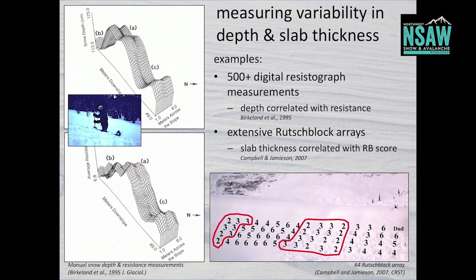And he found that the slab thickness, so the slab above the weak layer, was correlated with that rutschblock score. So some excellent early work detailing exactly some of the problems associated with individual measurements on a slope and with finding a representative location.